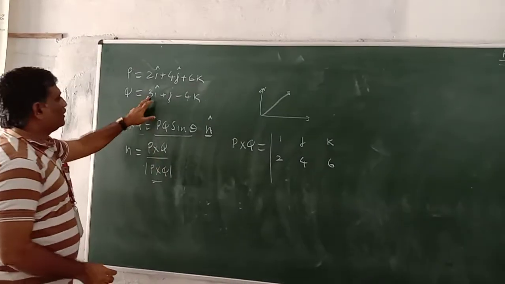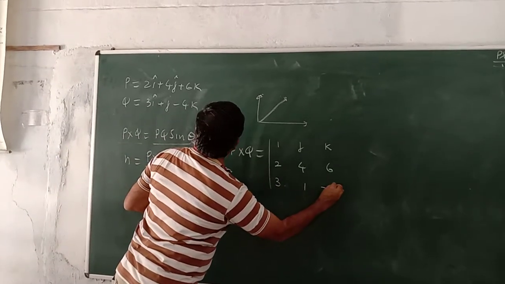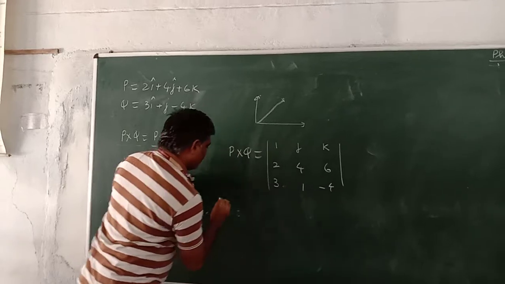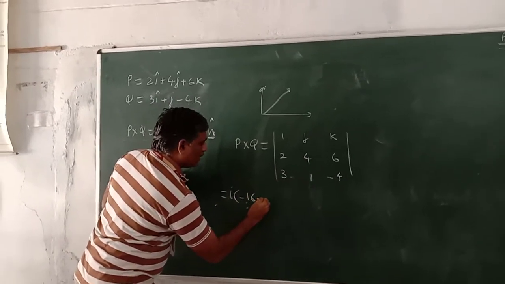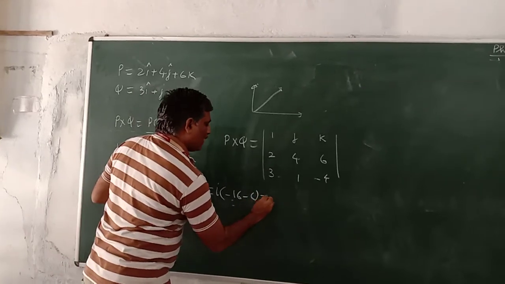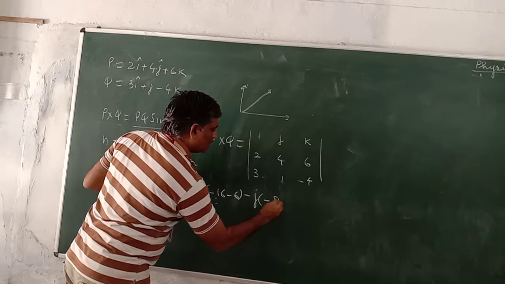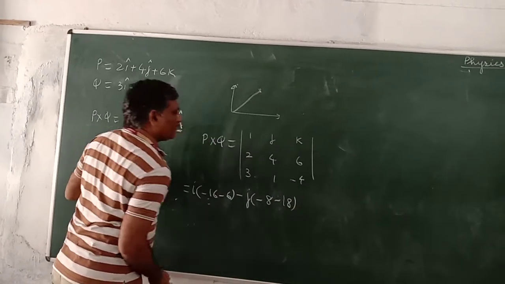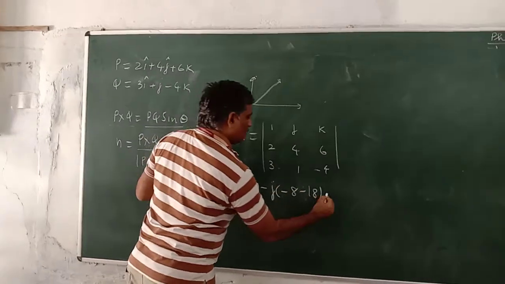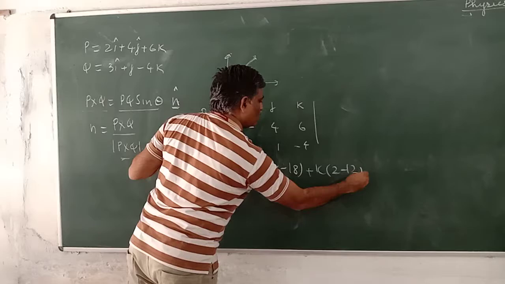So 3, 1, minus 4, 3, 1, minus 4. It becomes i times (minus 16 minus 6), minus j, middle sign is minus in this one, times (minus 8 minus 18), then here it is plus k times (2 minus 12).